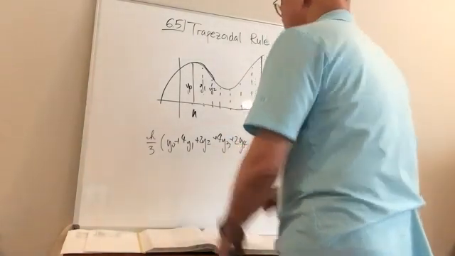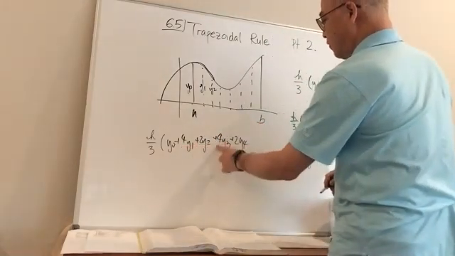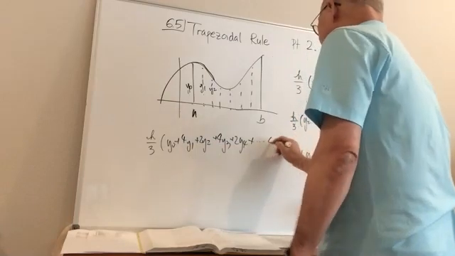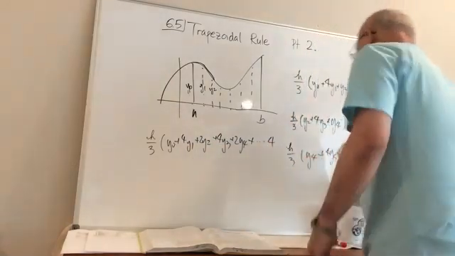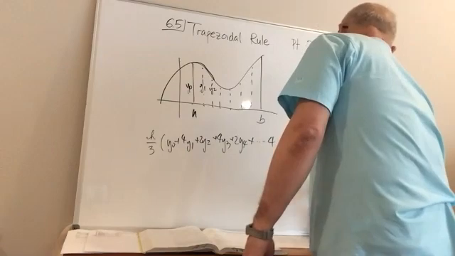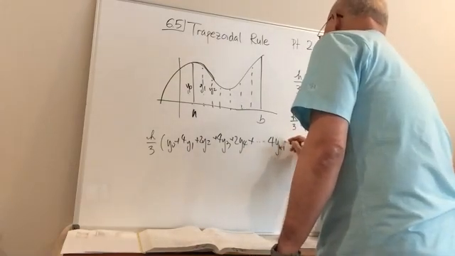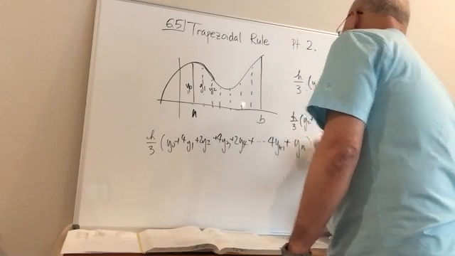So it alternates, right? 4, 2, 4, 2, all the way till we get to the 4, whatever it is, and then we end with 4y(n-1) and then yn.